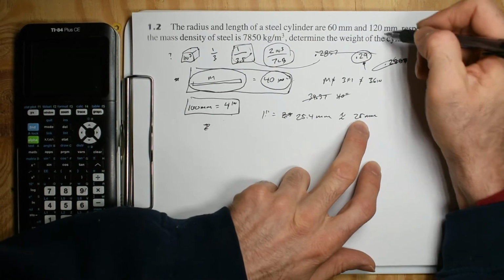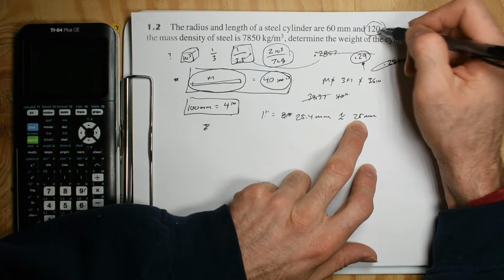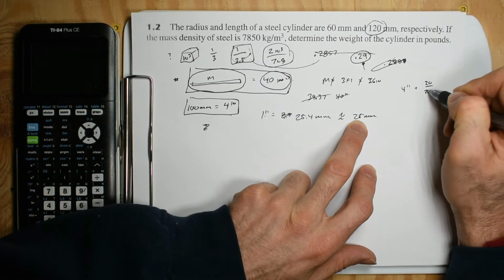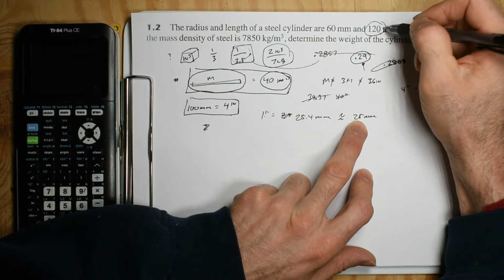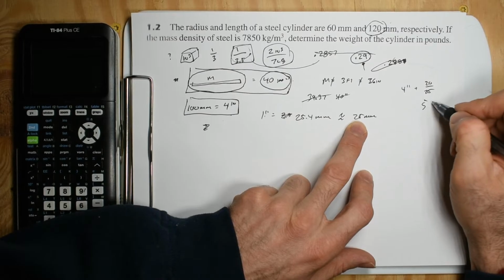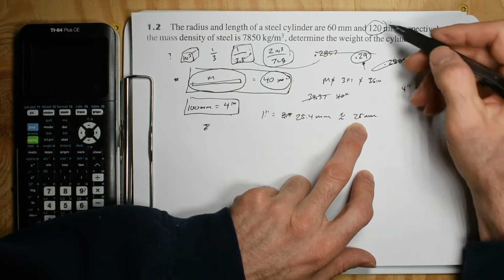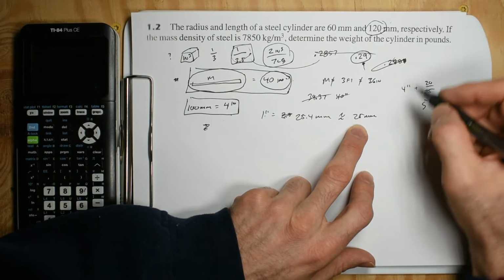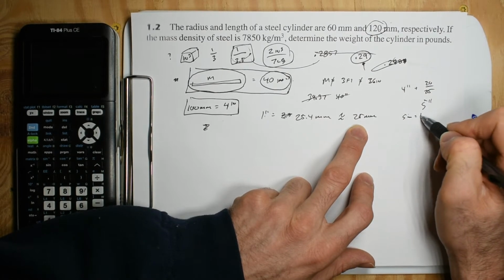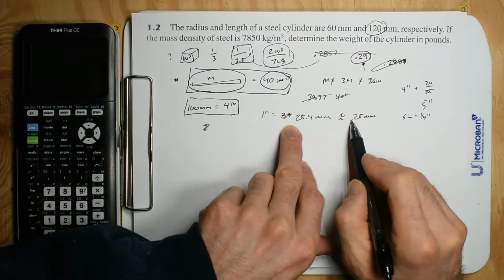So you can ask how many 25 millimeters do we have? Well, we got 4 inches plus 20 divided by 25. This is almost 5 inches. You're 5 millimeters away from being 5 inches, so 5 millimeters is pretty close to 1/4 of an inch. Close enough.